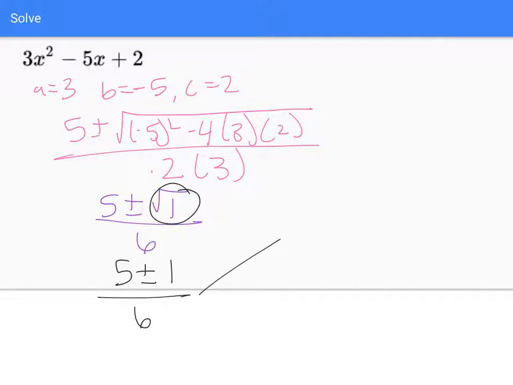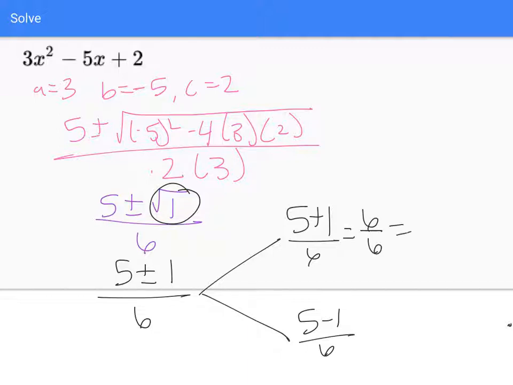So since I took the square root, this is where I have my two separate answers. Now again, you could have factored this from the beginning and still gotten your two answers. So I have 5 plus 1 divided by 6, and 5 subtract 1 divided by 6. So this is equal to 6 over 6, which is 1. This is equal to 4 over 6, which is 2/3.